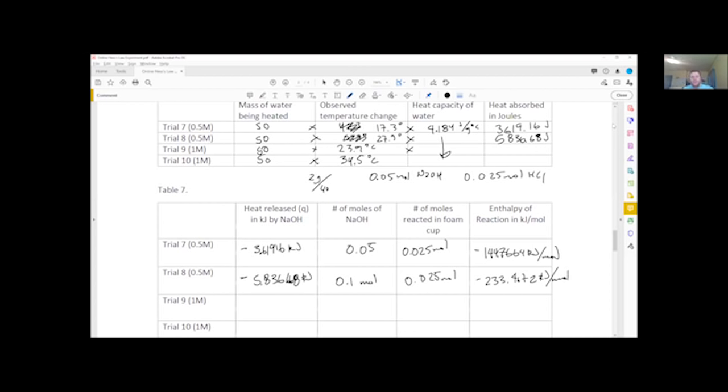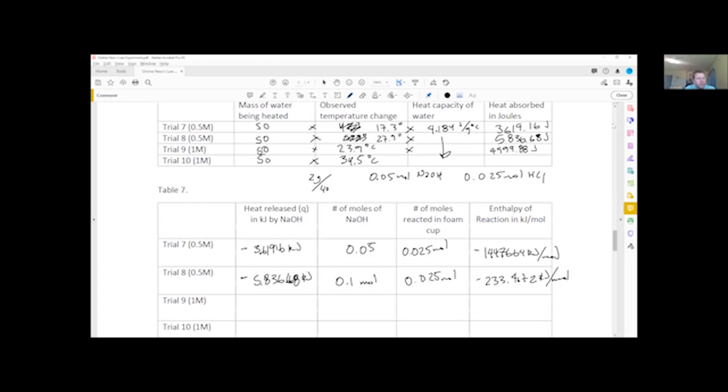Now what I need to do is figure out the heat that is absorbed in this reaction. So 50 times 23.9 times 4.184, and I get 4999.88 joules.